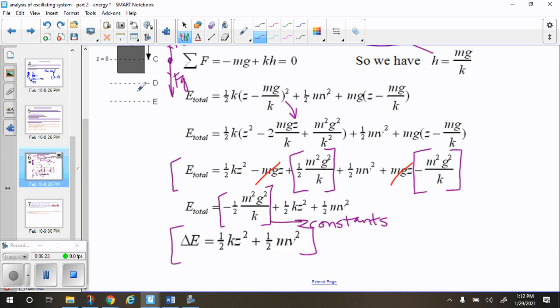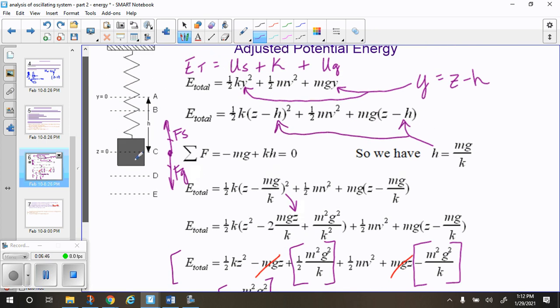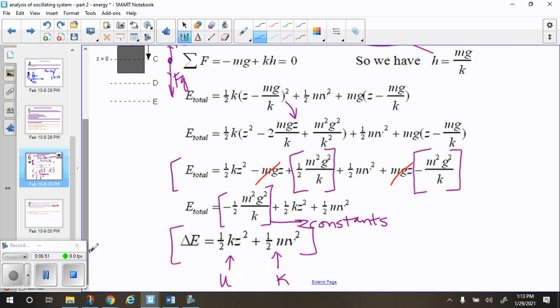So when you have a vertical spring, this is basically all of the potential energy, and this is the kinetic energy. You're combining your gravitational potential energy and your spring potential energy into one term, which is 1/2 kz squared. Now z is measured from the equilibrium position of the system, not the equilibrium position of the spring, and that's what helps combine those two together.